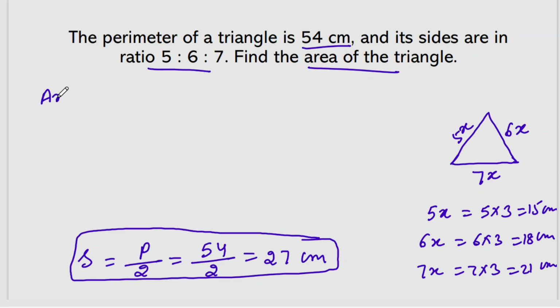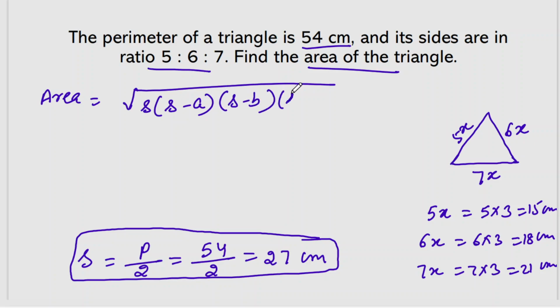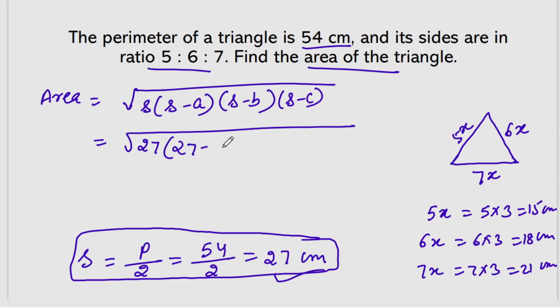So area of the triangle equals under root S, S minus A, S minus B, S minus C. What is the value of S? We have got it as 27. Now 27 minus 15, then 27 minus 18, and then 27 minus 21.